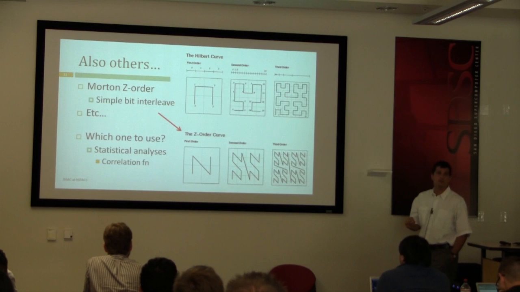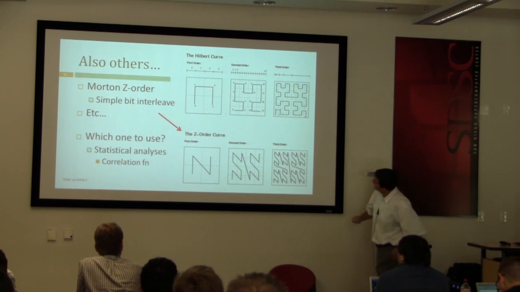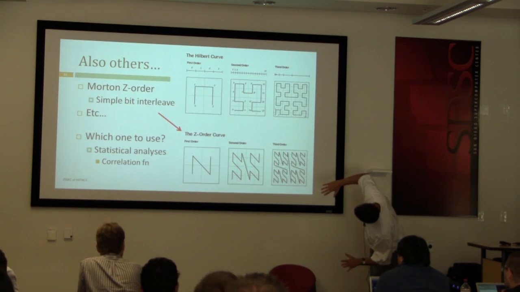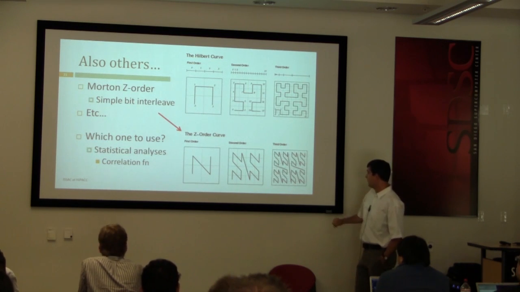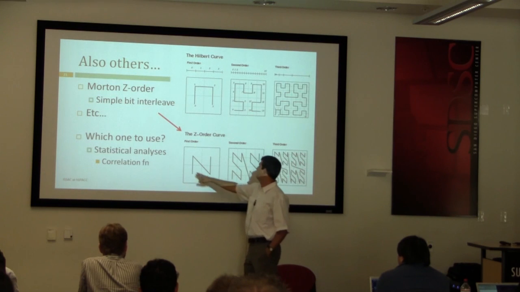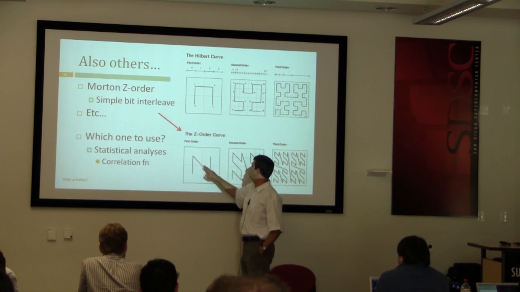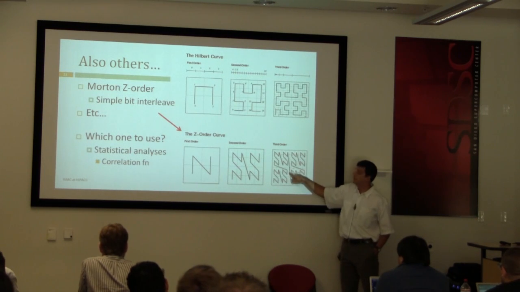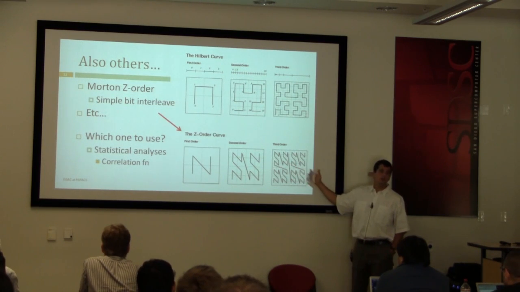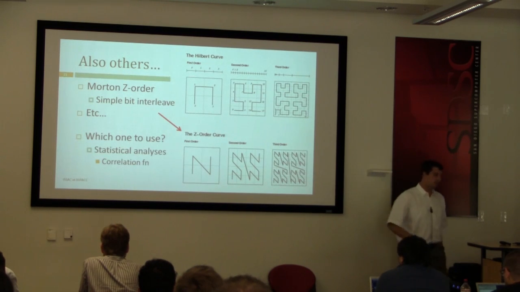Okay, here's another one, the Z-order curve. I guess you have to look at it like this to have it as a Z curve, but other than that. So this one has more jumps in it, as you can see. It doesn't go like this, it jumps back. And even here at the high resolution, you see there are big jumps coming in. So you can probably see that sometimes this is not quite as optimal.